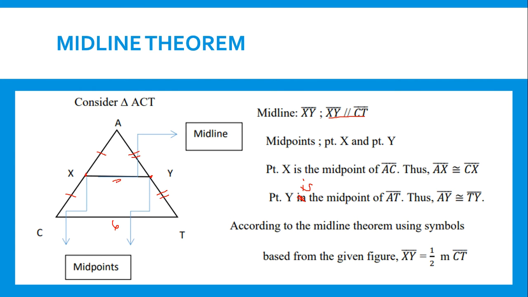That is 3. So the equation based on the figure is that XY, which is the midline, is 1/2 the measurement of CT.